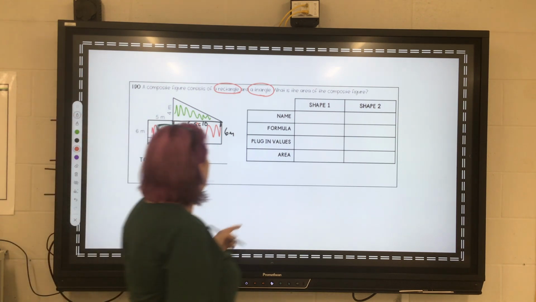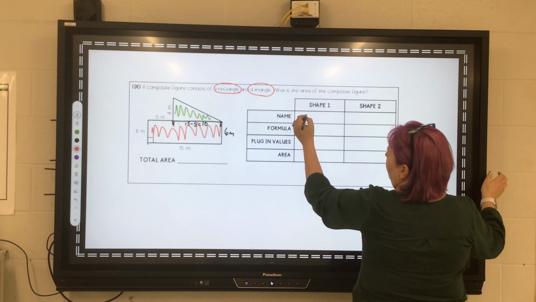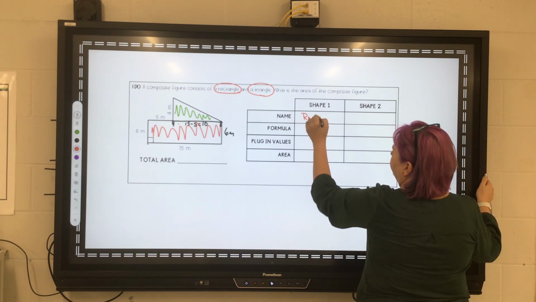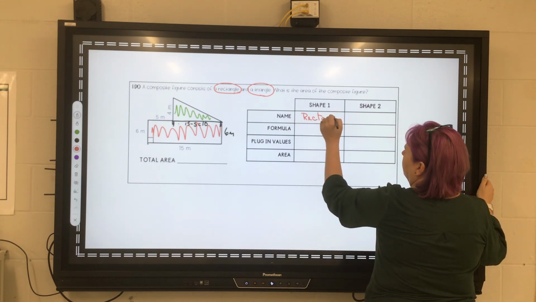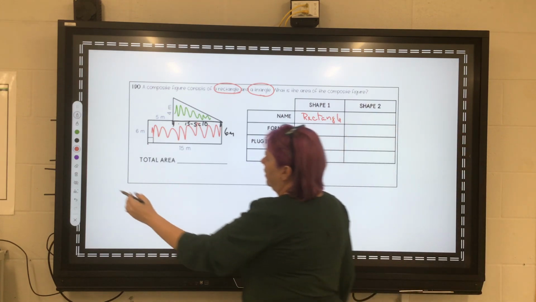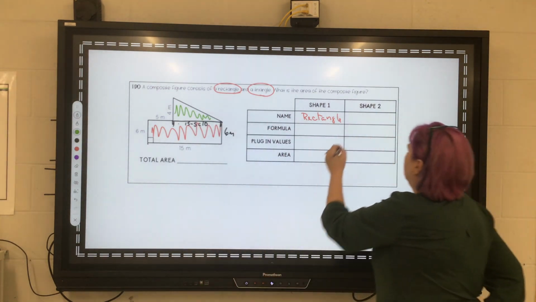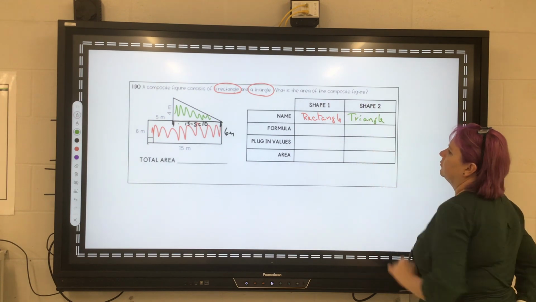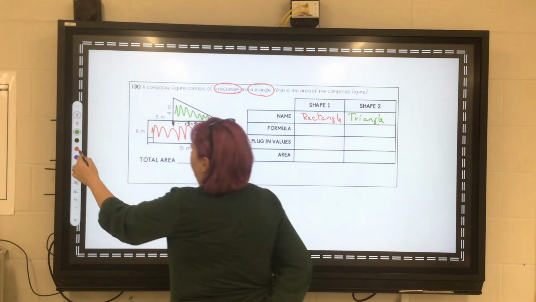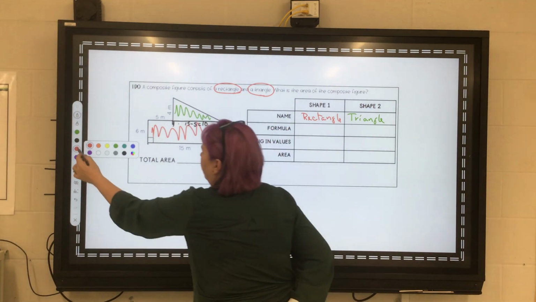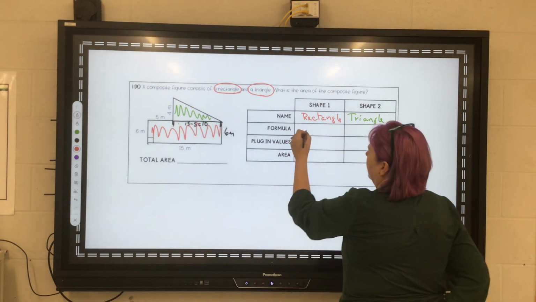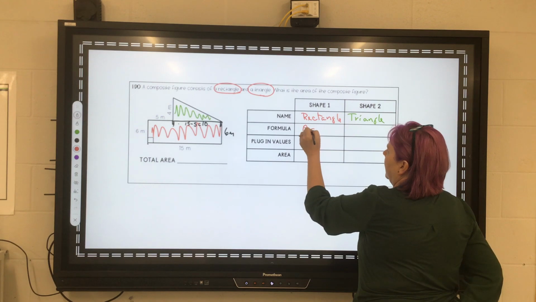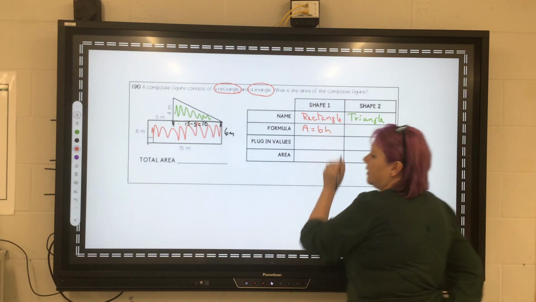So now I'm going to come over here and I'm going to say my rectangle. And then my triangle. Now I'm going to go through and find my formula. My formula for my rectangle is A equals base times height.